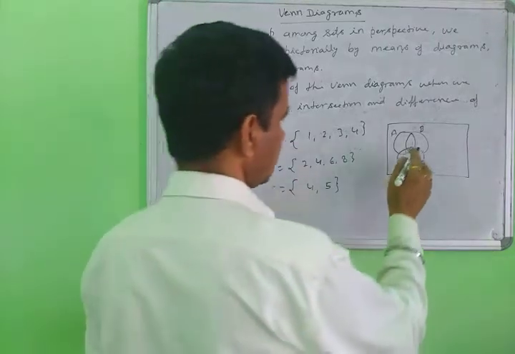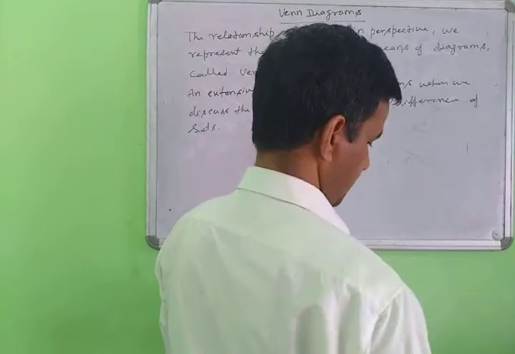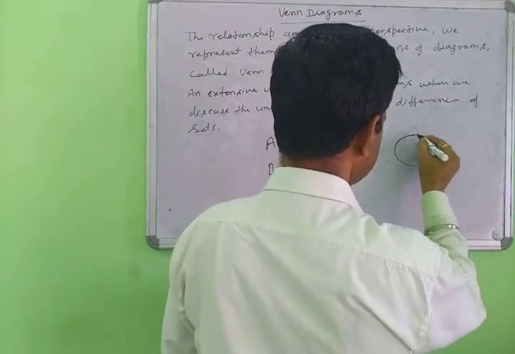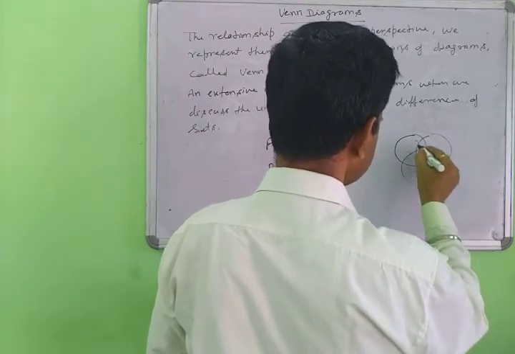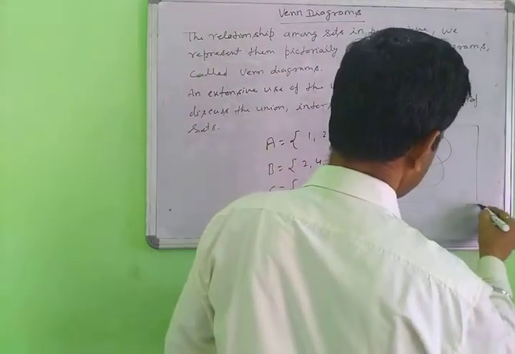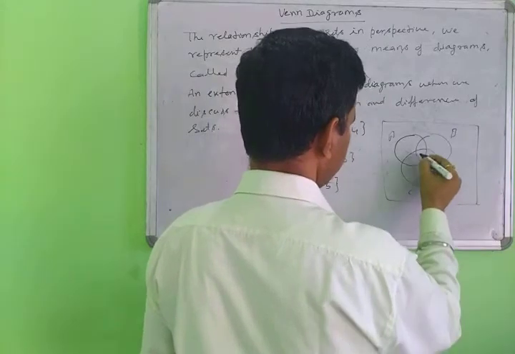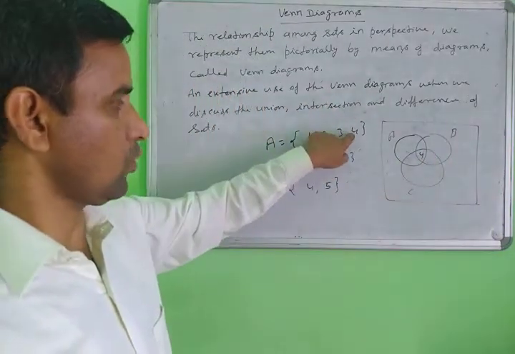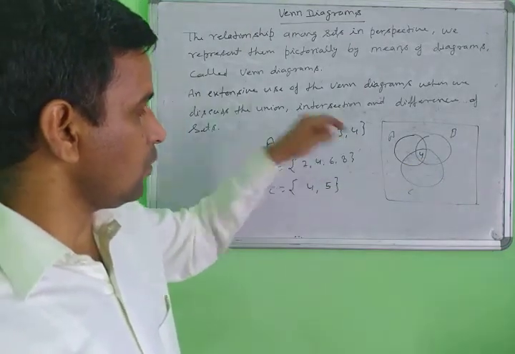So 4 you always write in the common part. This is your Venn diagram with set A, set B and set C. 4 is common, because 4 is an element of every set, so you write it in the center.